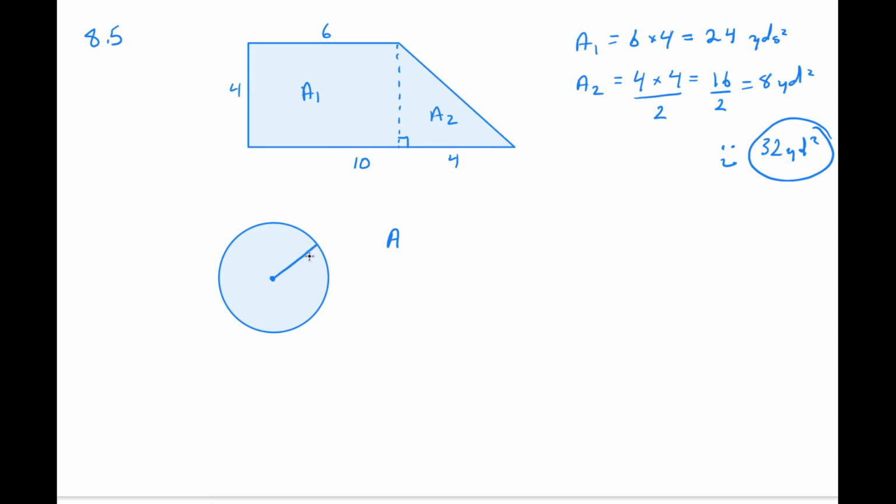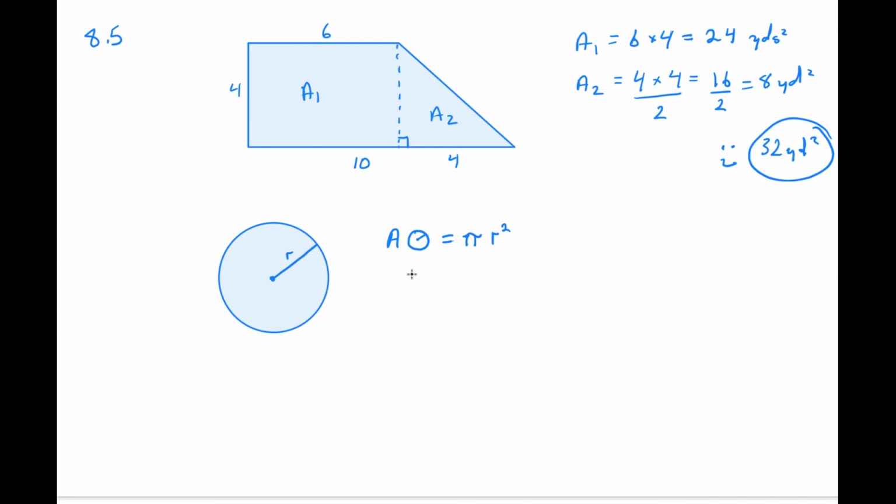Here's our radius, letter R there. The area of a circle is pi, remember pi, times the radius squared, because it's area, okay?